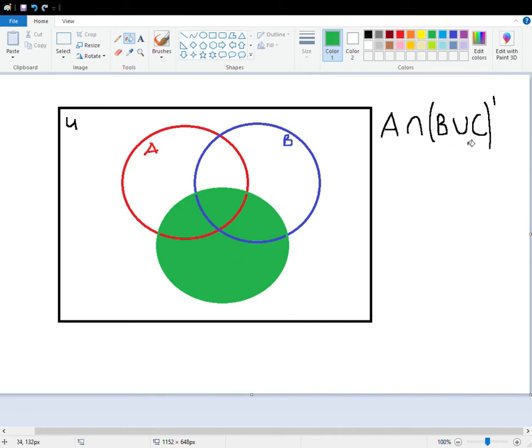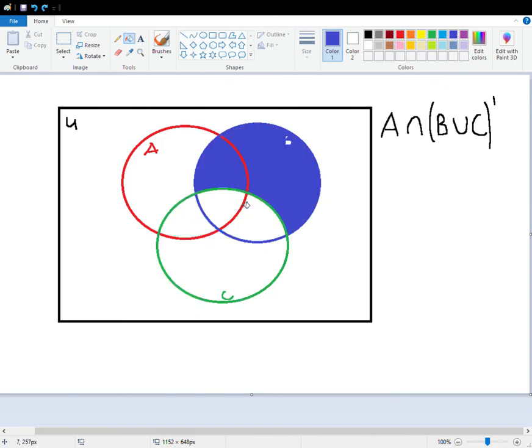Now when we want the union of B and C, we want to include B and C, both circles. So the union allows us to have either or. It's an inclusive operation. So when we look at both, let's shade in B. Oops.